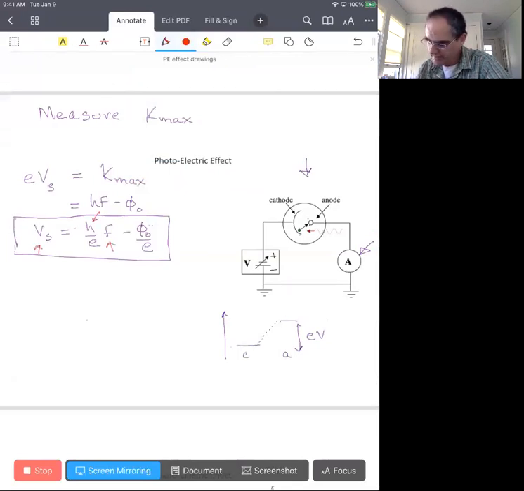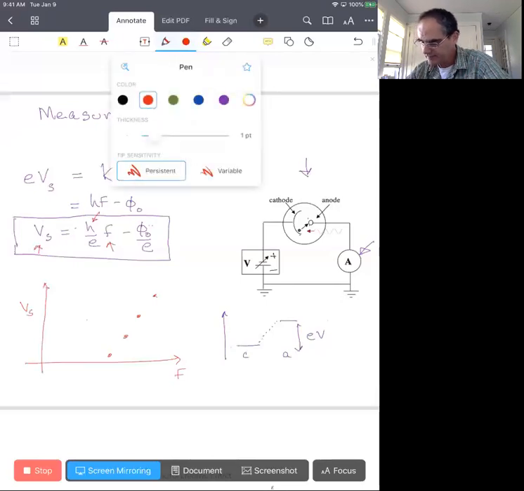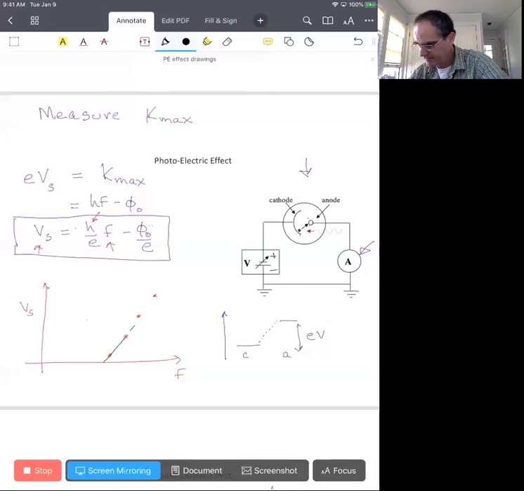So according to this relationship, if I were to make a graph of the stopping voltage for different frequencies of light, what we should find is that they're linearly related. That is, the data, if we do the measurement for different light frequencies, different colors of light, the data should fall along a straight line. And you can see that the slope of the line will just be h over e, okay?